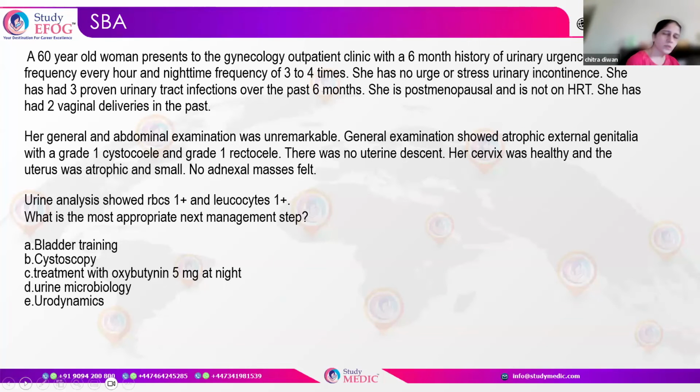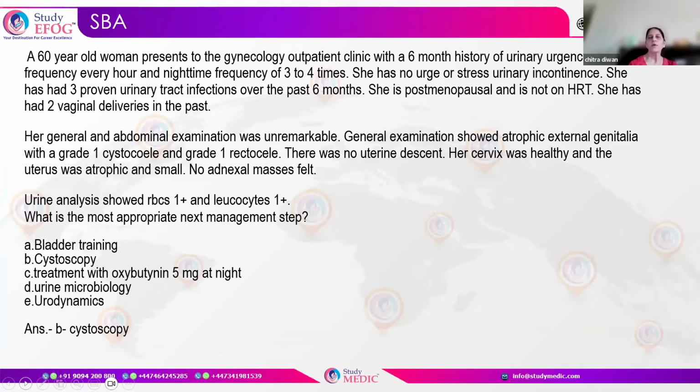Let us see a few questions that you might be asked in the exam. You have this 60-year-old woman who presents to the gynec outpatient clinic with a 6-month history of urinary urgency, daytime frequency every hour, and nighttime frequency of 3 to 4 times. There is no urge or stress incontinence. She has had 3 urinary tract infections which have been treated.